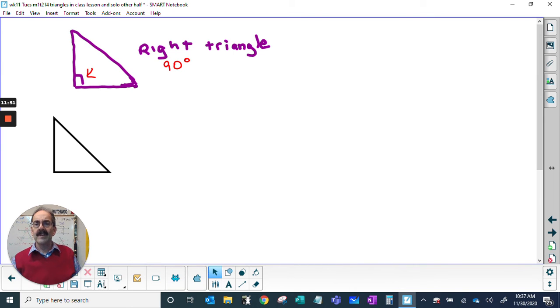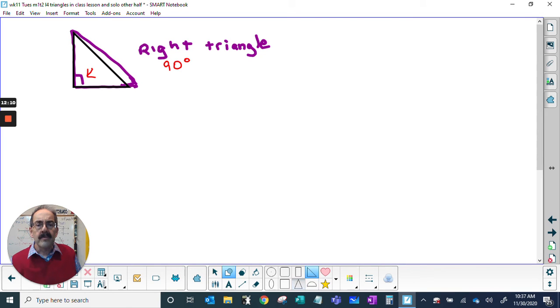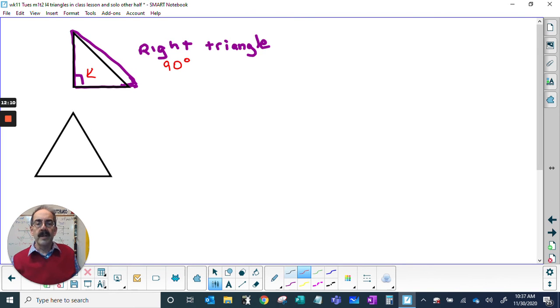There's our 90. Now, an equilateral triangle: all three sides are equal.